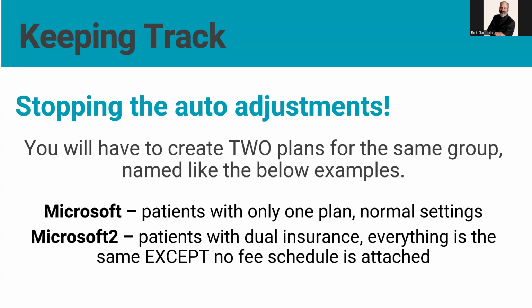So it has everything posted to the ledger at my full office fee. And why do I do that? Because I don't want it posting at the primary allowance, because that's how all softwares are designed. If a patient has primary and secondary, it will post the primary allowance. But then if the two plans pay more than that together, now I have to do a debit adjustment to offset that.